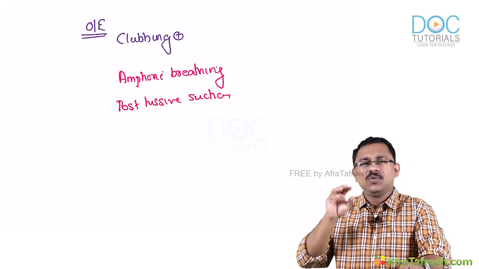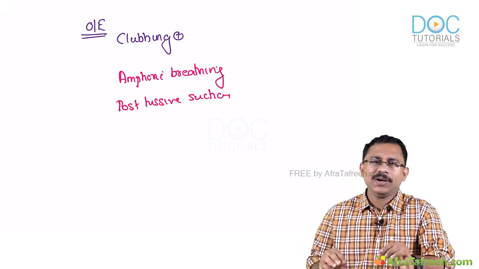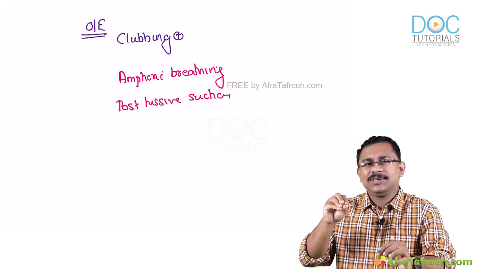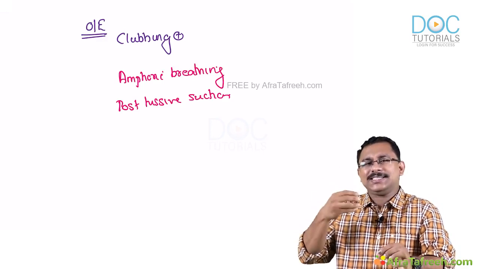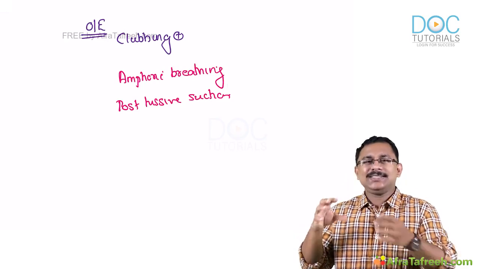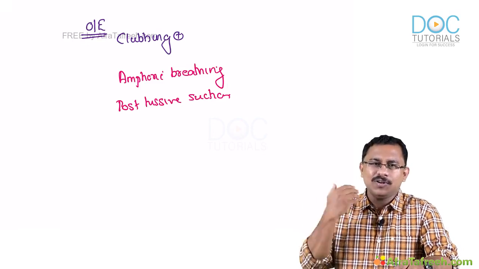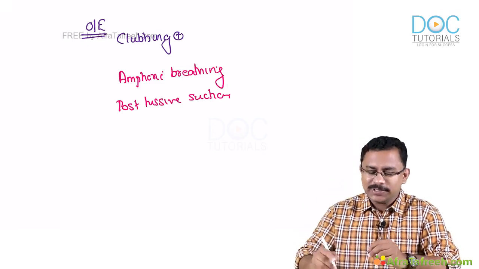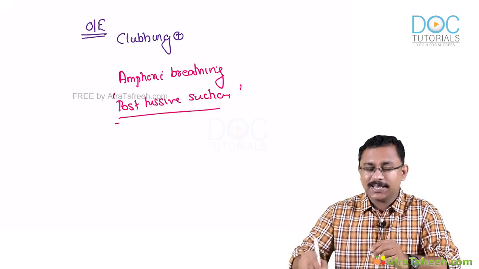That is because when you cough, what happens is that the cavity initially might collapse, but then when the air gushes in, the cavity again expands, so there is a suction sound. So after this cough, when the air is sucked in, there will be a suction sound that is produced, that is your post tussive suction.